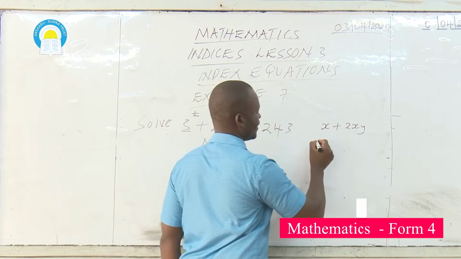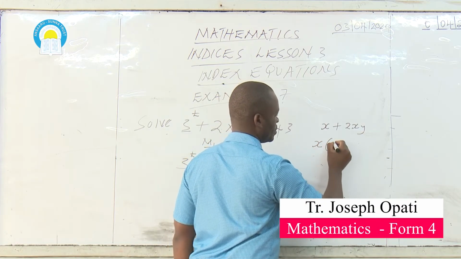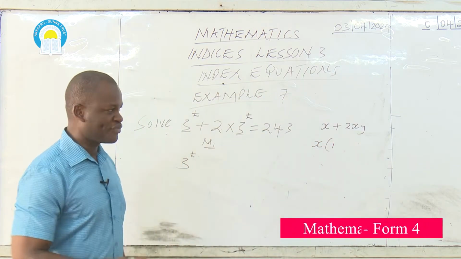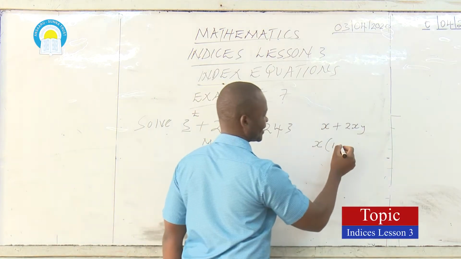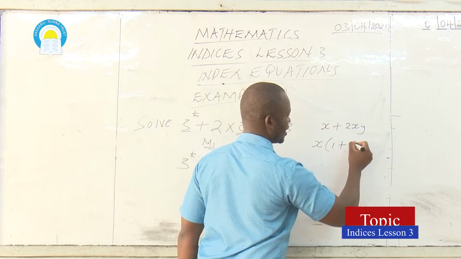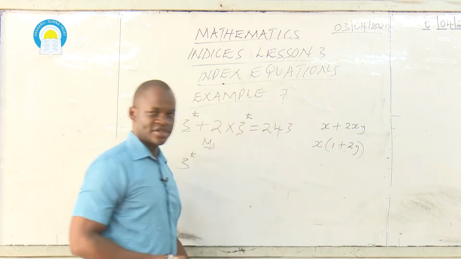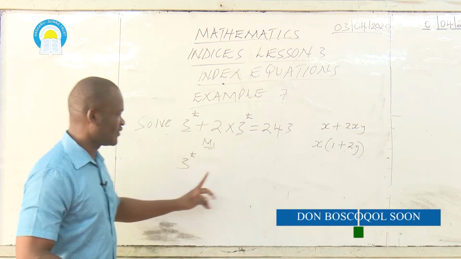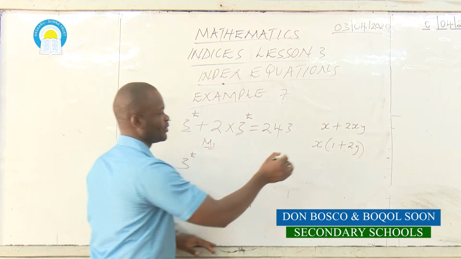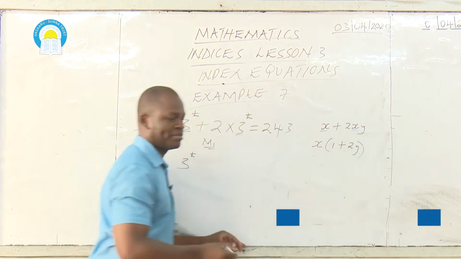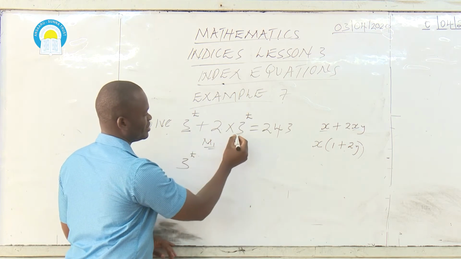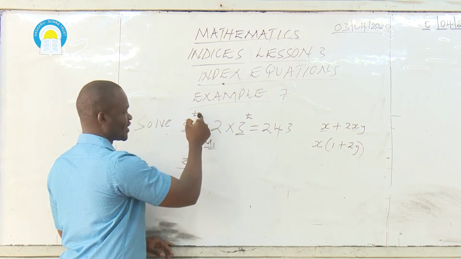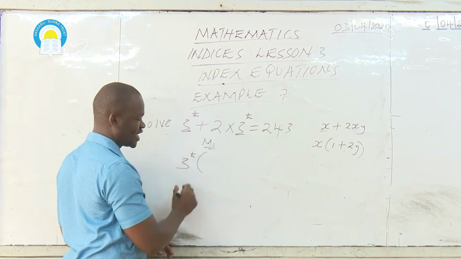X. So we'll have x into 1. Why have I put 1 there? Because x times 1 will give you that x. What about here? I will have 2y. So whatever I've done there is whatever I will do here. So in this case, X was the common factor. Here we have 3 power t being common. So 3 power t has been factored out.